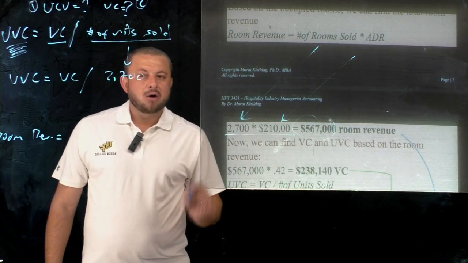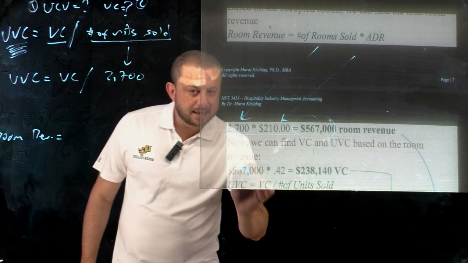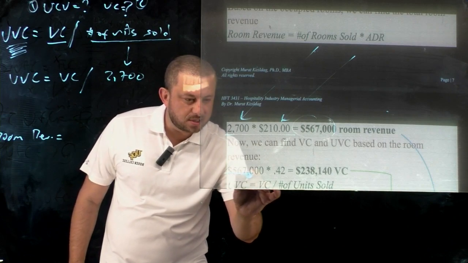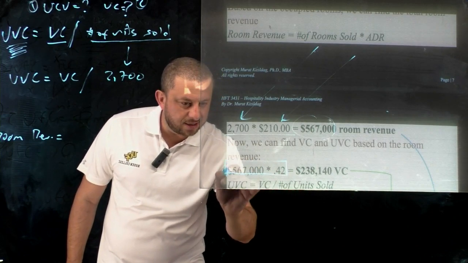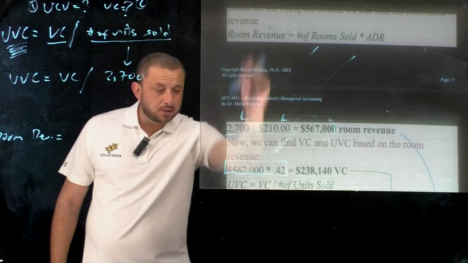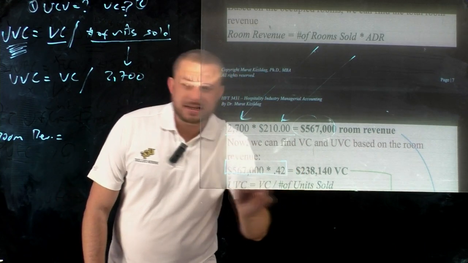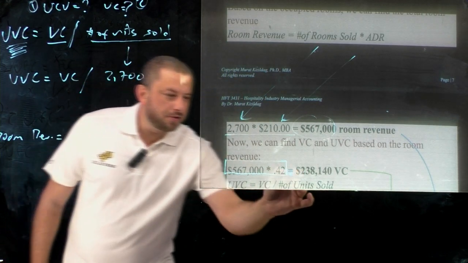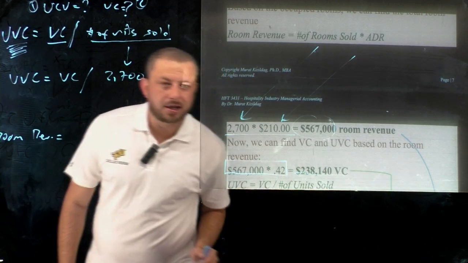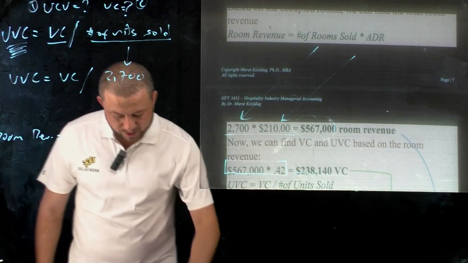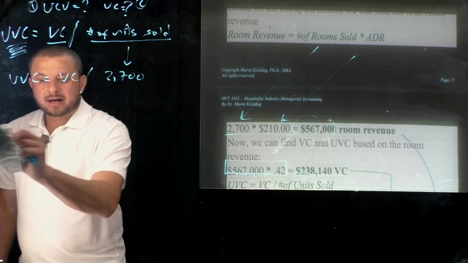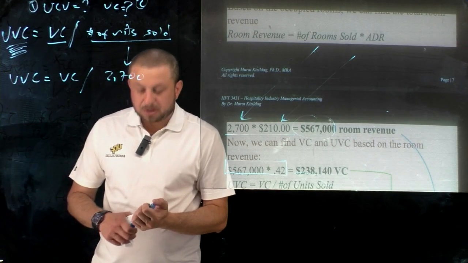All I have to do, I'm going to take 42% of the room revenue that I find. Please follow the solution steps, and my VC will be 238,140. Great. Again, what I did, I know that VC is 42% of the room revenues.